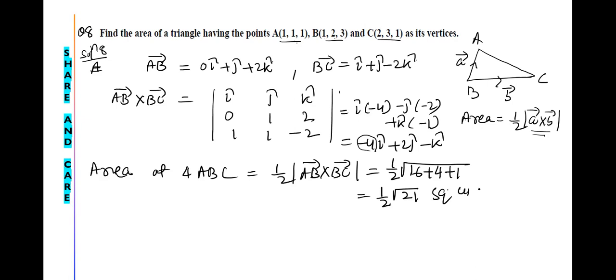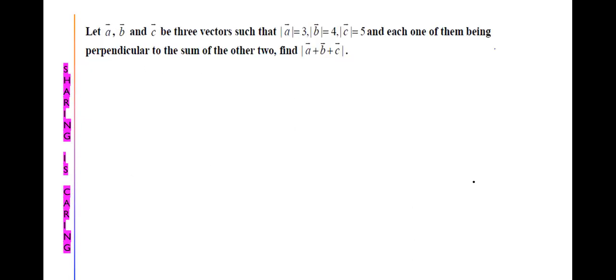Is it okay? So when you are given the vertices, you can take any two sides, either AB, BC, or AC. Take the cross product of the vectors representing two adjacent sides. Then the area of the triangle is half of the magnitude of the cross product of these two vectors. Very clear?